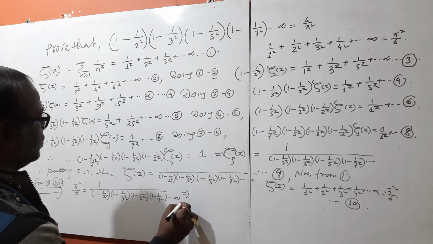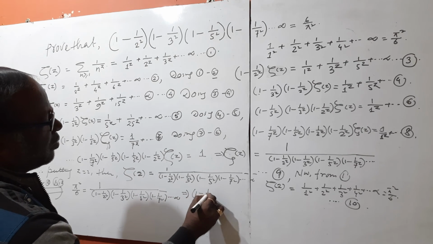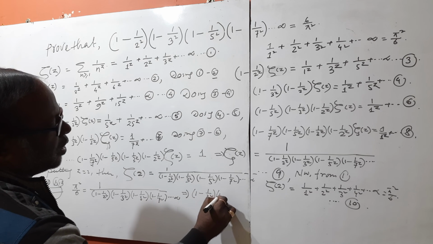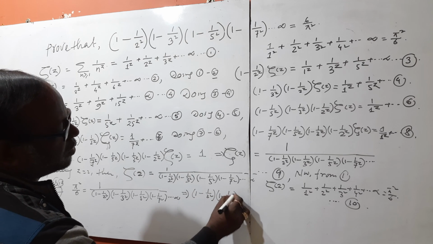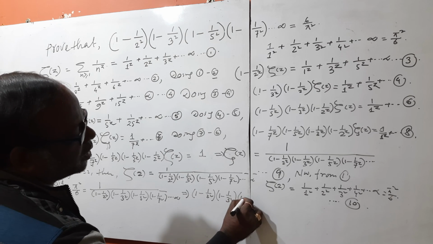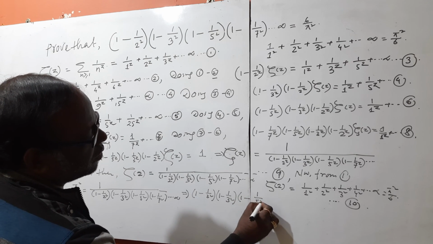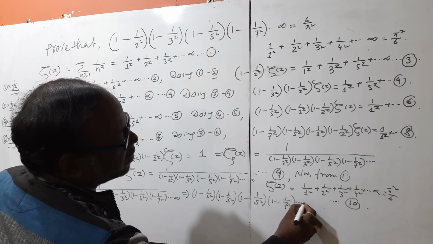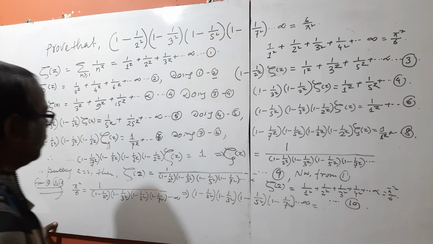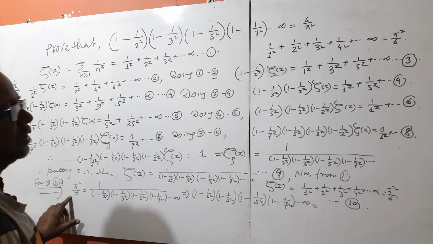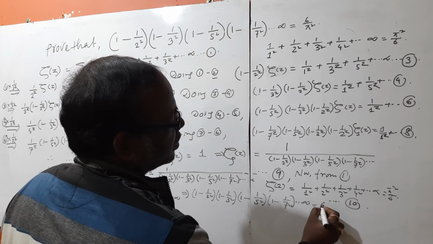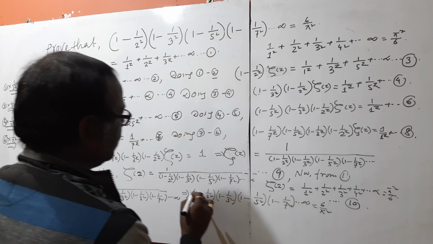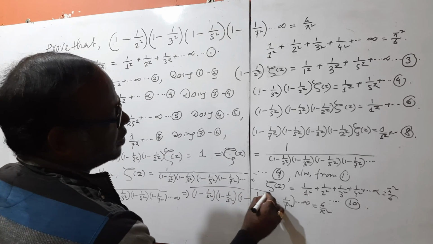So that is equal to 1 minus 1 over 2 square, 1 minus 1 over 3 square, 1 minus 1 over 5 square, 1 minus 1 over 7 square down to infinity, and that is equal to the reciprocal of this figure. So this is 6 by pi square. Okay, this is proved.